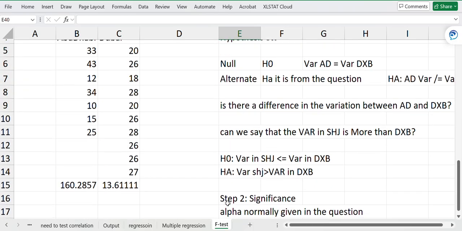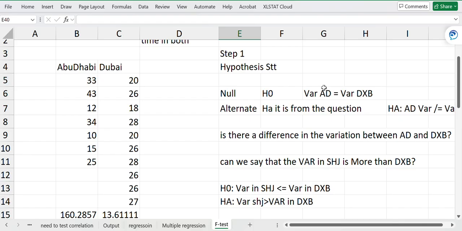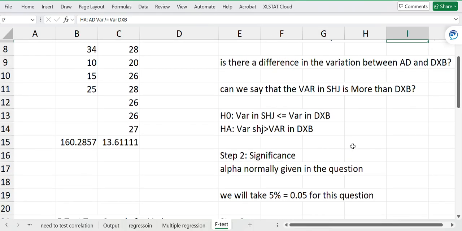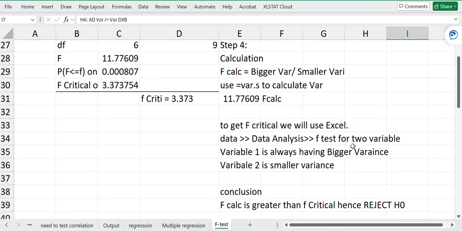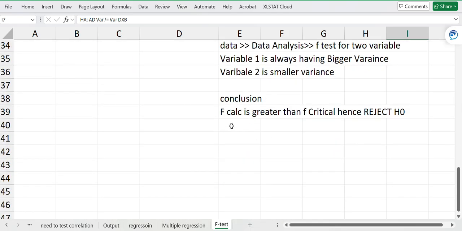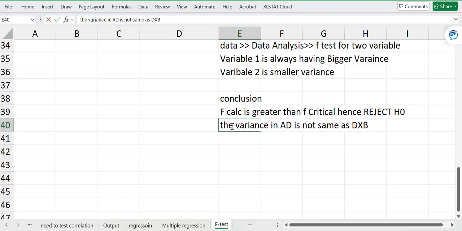It means I am rejecting this one. I am not accepting this. I'm not accepting means I am looking at this one, which is the variance is not the same. So I now conclude that the variance is not the same. So the understanding is the variance in Abu Dhabi is not the same as Dubai. So you must write like this. This is our conclusion.